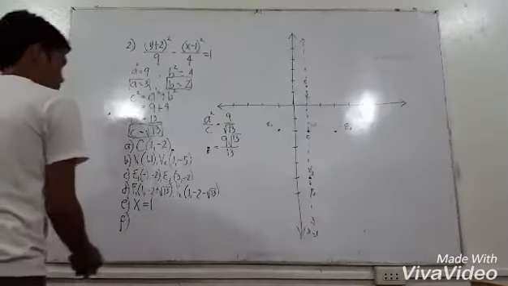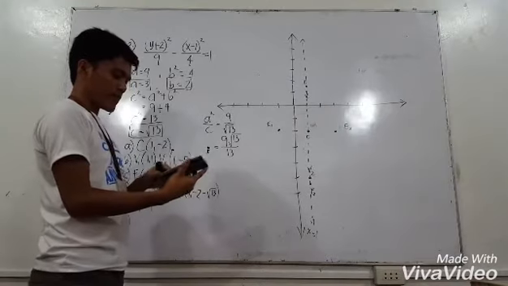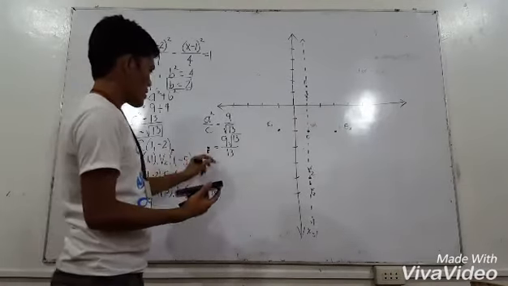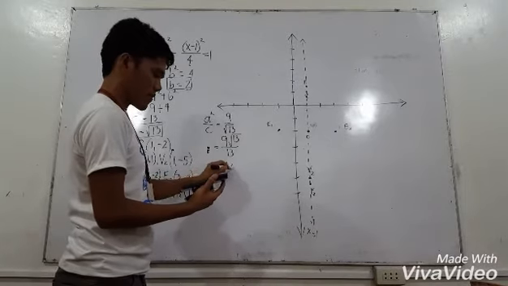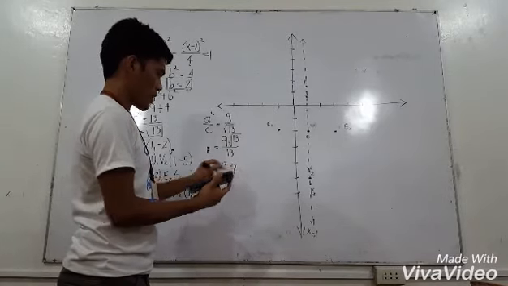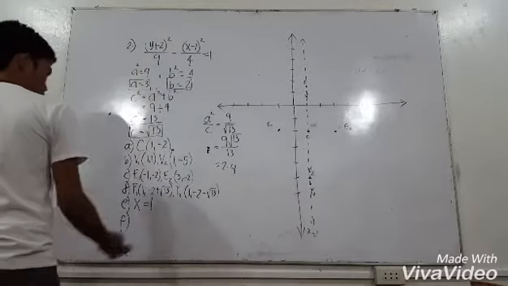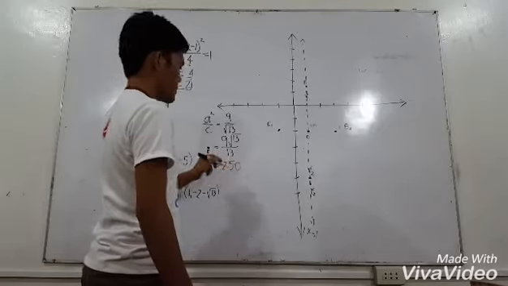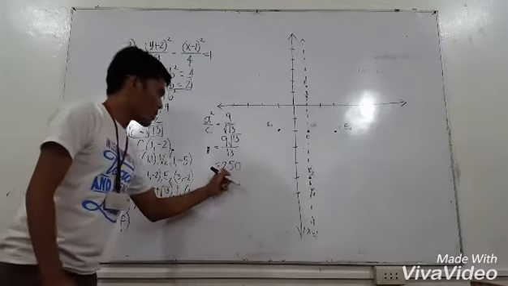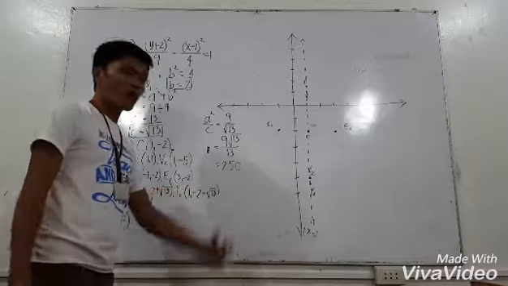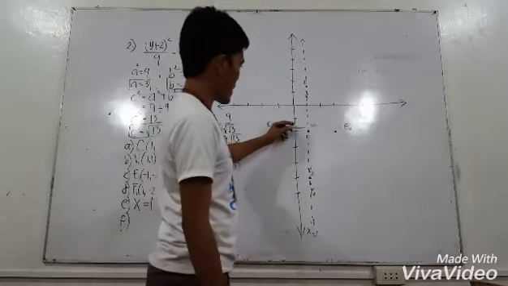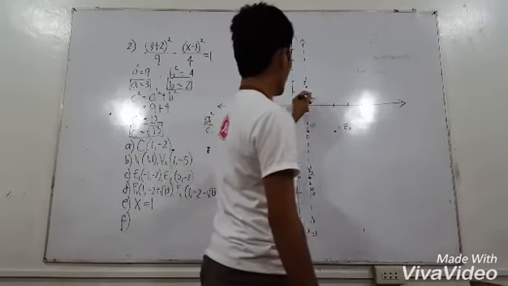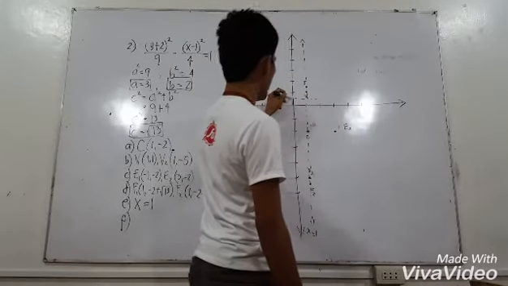And in decimal, this is 2.50. So we just move from the center by 2.50. So we have 1 and then 2.50. So we have here our directrix.